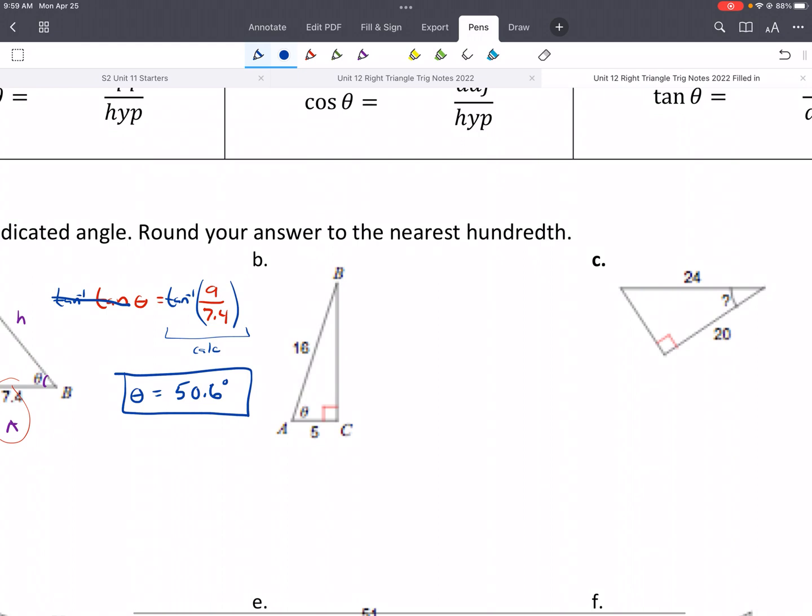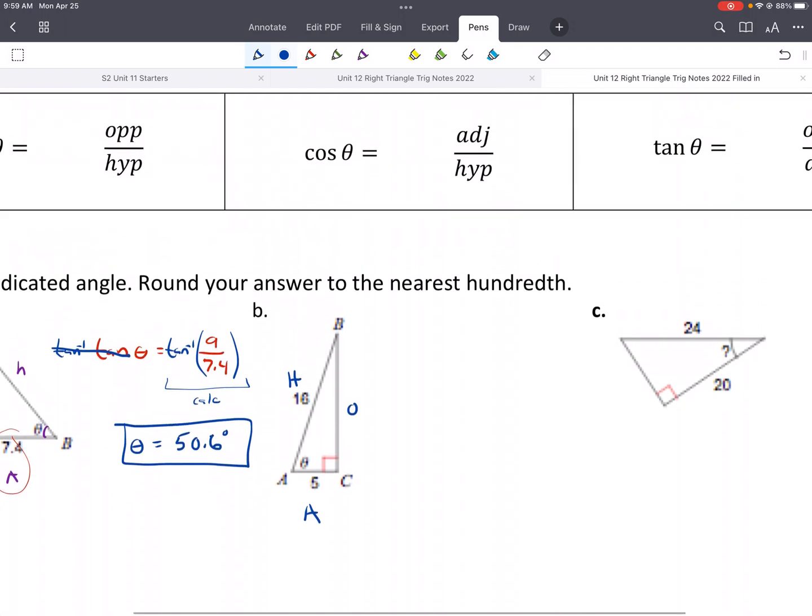All right, so let's try another one. We have a reference angle. This would be our H, O, and A. So what trig function uses A and H? Well, we look up here. A and H is adjacent over hypotenuse. That's cosine. So cosine of theta equals A over H, so that's 5 over 16.